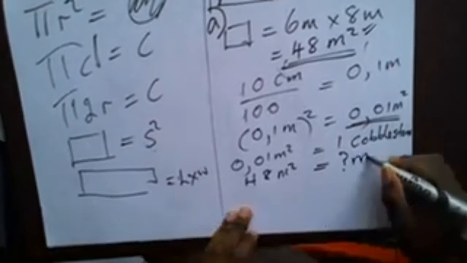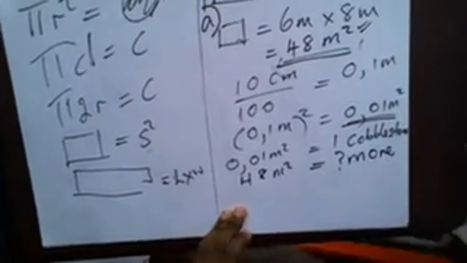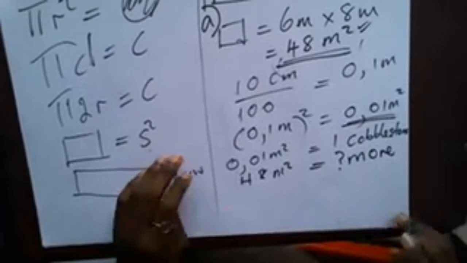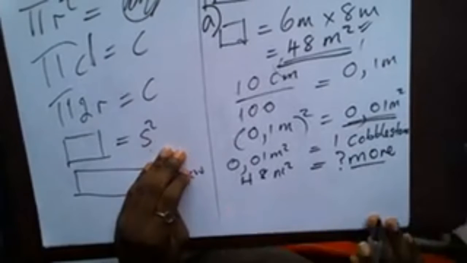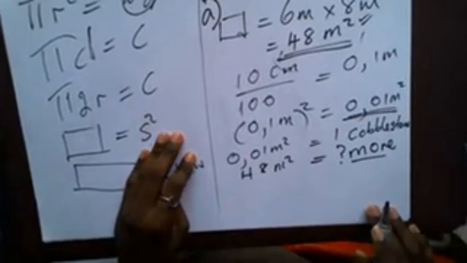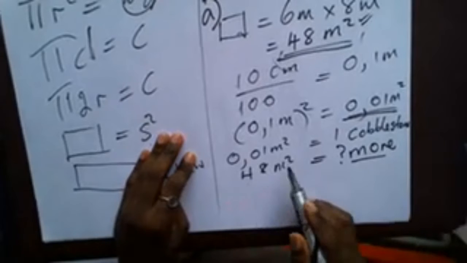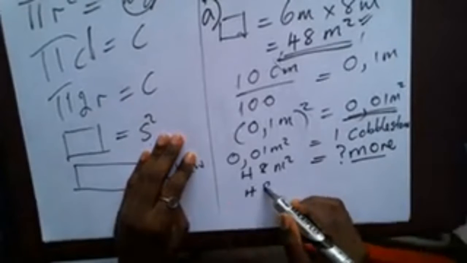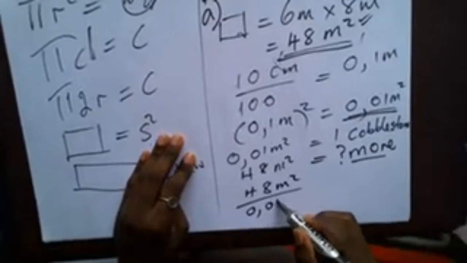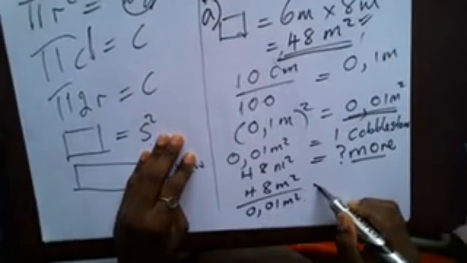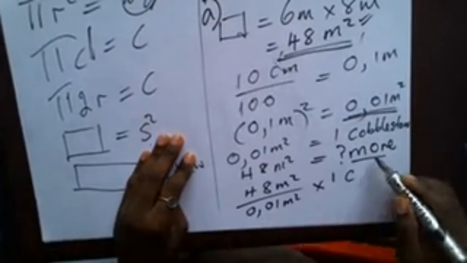Of course, I would expect to use more. If it is more, the rule says a bigger number. Which one is the bigger number? This one. So we're saying a bigger number over a smaller number multiplied by quantity.